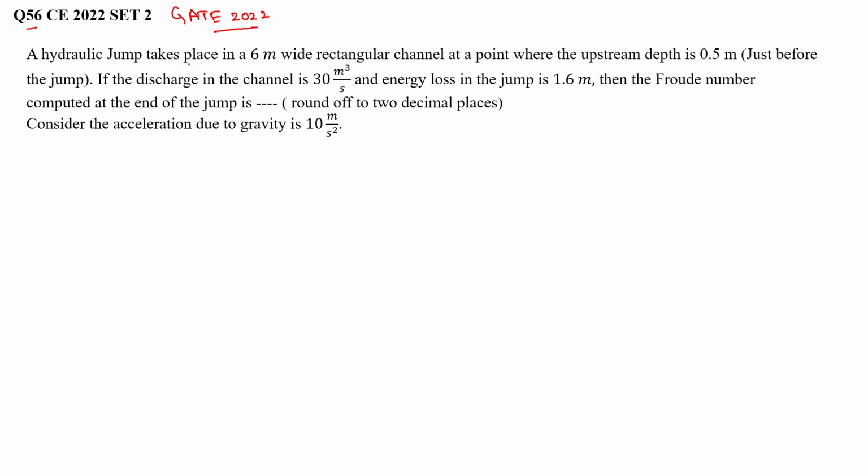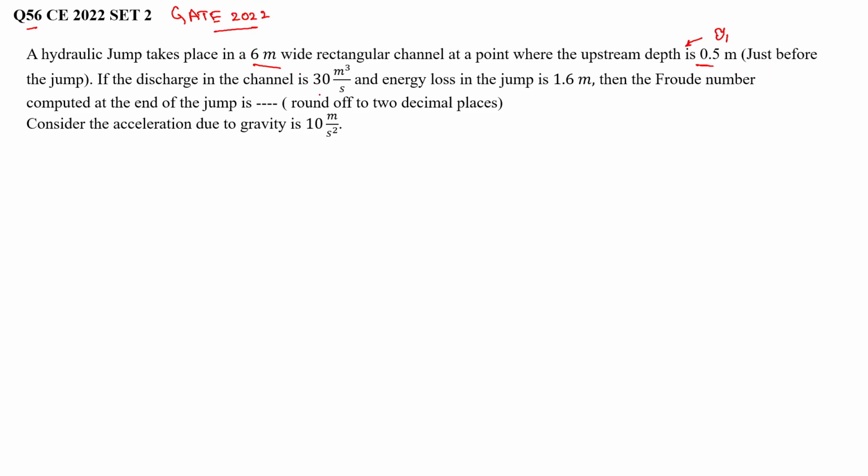The question is as follows: a hydraulic jump takes place in a 6-meter wide rectangular channel at a point where the upstream depth is 0.5 meters. It can be denoted as y1, which means the depth before the jump, and they mention in the question also, just before the jump.